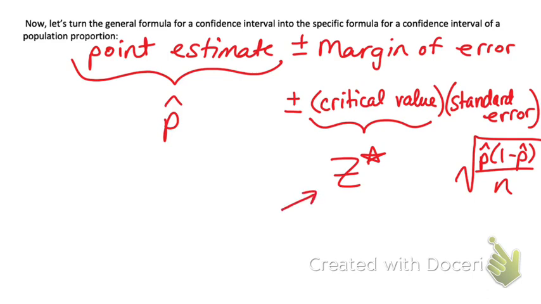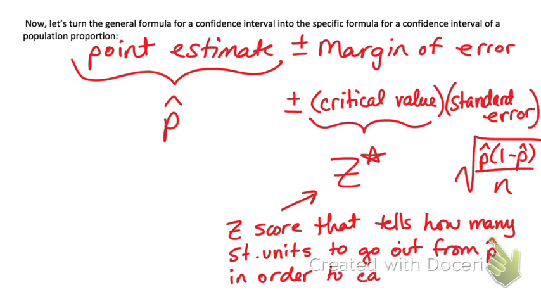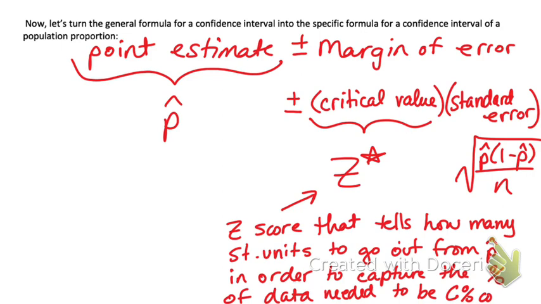This is the z-score that tells how many standard units to go out from p hat in order to capture the percent of data needed to be C% confident.